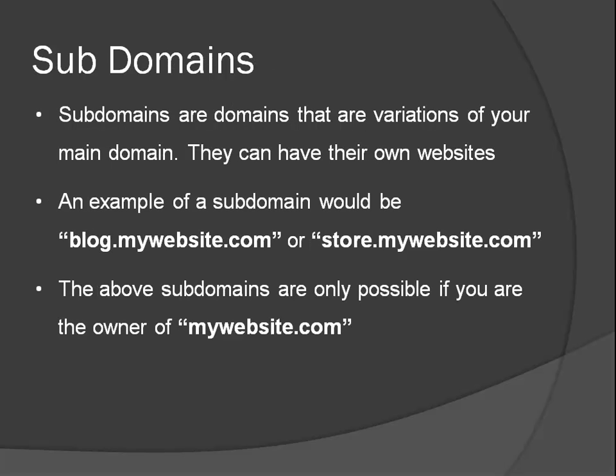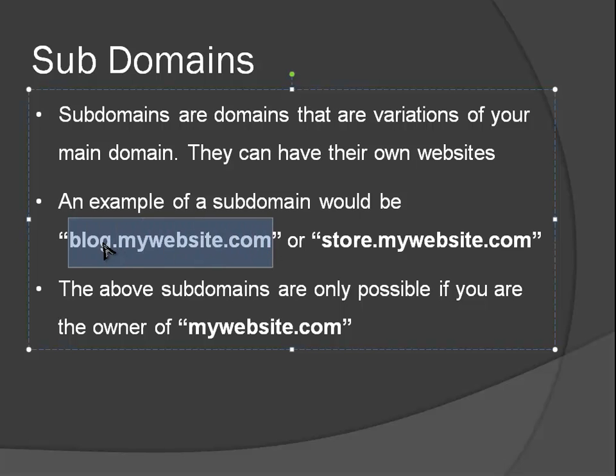Subdomains are pretty much variations of your main domain, and you can actually have your own websites on each subdomain. Alright, so as an example, if we have a domain called mywebsite.com, we could create a subdomain called blog.mywebsite.com, and we could have a separate installation of WordPress or whatever system we're going to use on this domain.